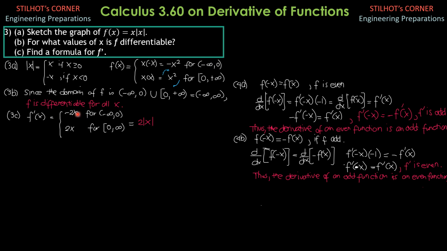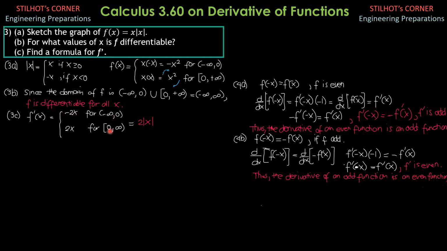So this piecewise definition of f prime of x can now be made just one, and it is 2 times absolute value of x, because negative 2 times x, where x is negative in this interval, becomes positive.